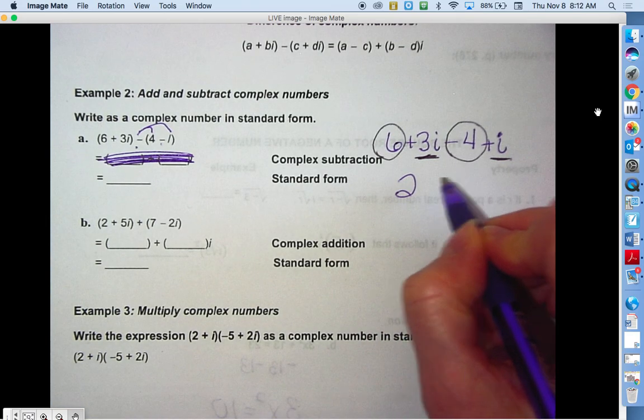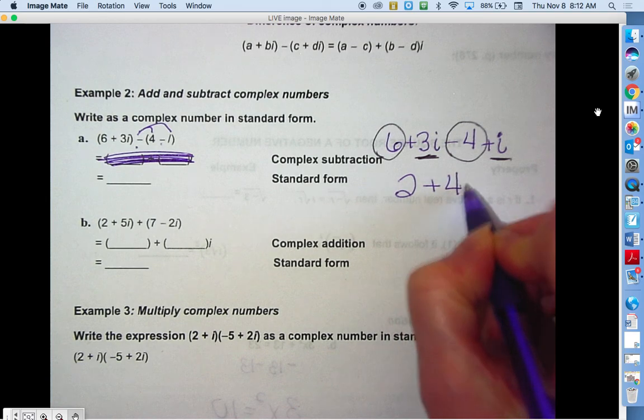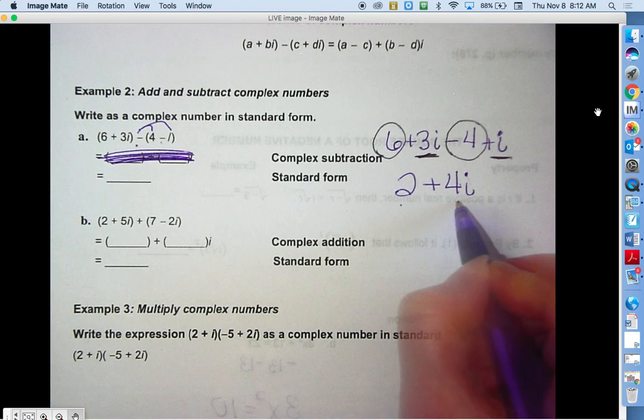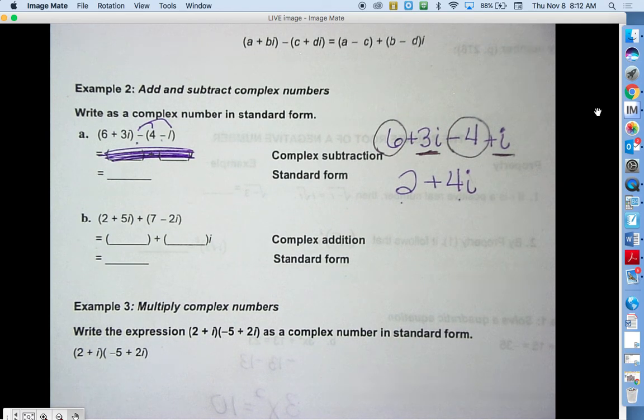So Gavin, if we're supposed to combine the real parts together and the imaginary parts together, what would we add together here? 6 minus 4. Right, so 6 minus 4, and he said 3i plus i. So 6 minus 4, Gavin, is? And then 3i plus i makes 4i. And that's it.